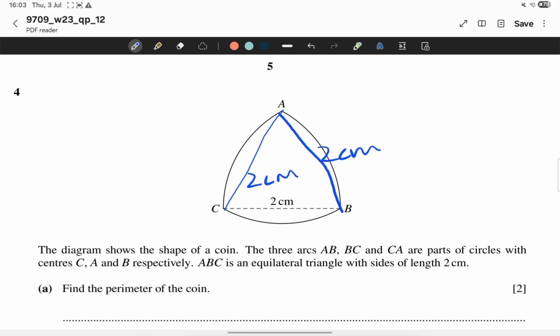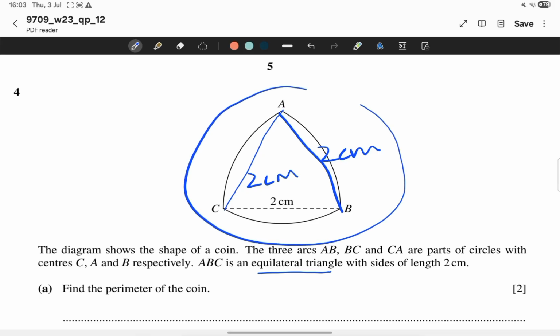That's the equilateral triangle they're talking about. Right? And they're saying AB, BC, and CA are parts of circles with centers C, A, and B respectively. Right? Then for the perimeter, we know that the perimeter is the distance right around a shape. So in this case, it's CA, AB, and BC. That's our perimeter.